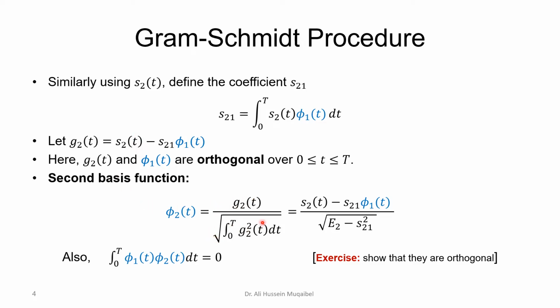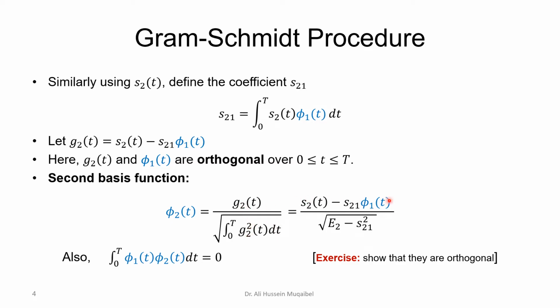So I'll find the energy of G2, which is the area under the square of the curve. We take the square root because this is the amplitude of the signal, and we get the second base. So the second base simply is how much in the second signal is not represented in phi1, take the remaining and normalize its energy.